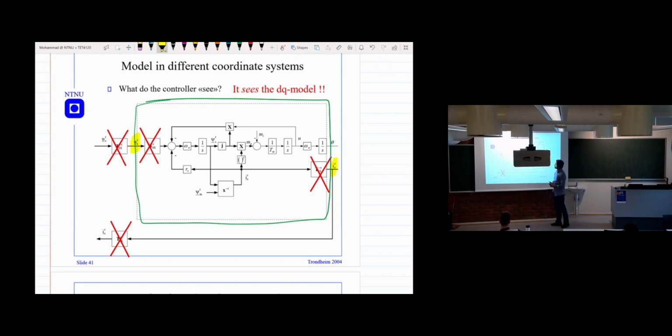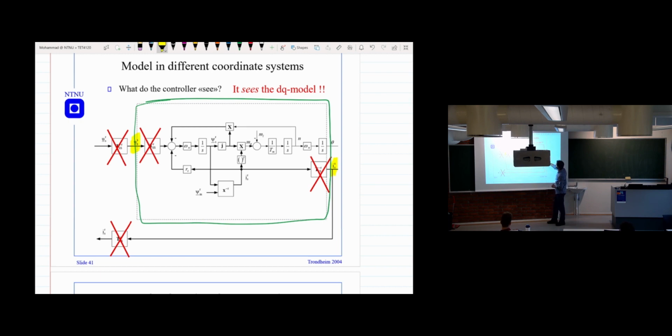When we did the modeling, the stator voltage, we apply the transformation, and then we got a DQ equivalent model. So even though we are giving three-phase here, we have this transformation, and then we have everything in the DQ. And then again, in the model, we are applying the inverse transformation. So we have the DQ here.